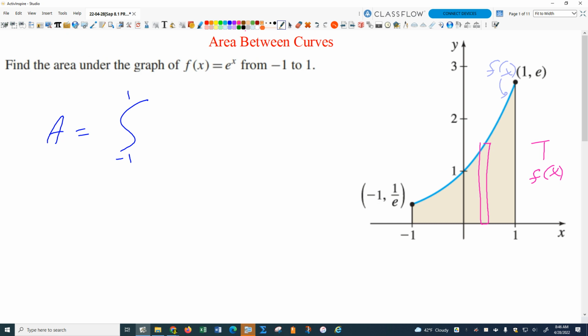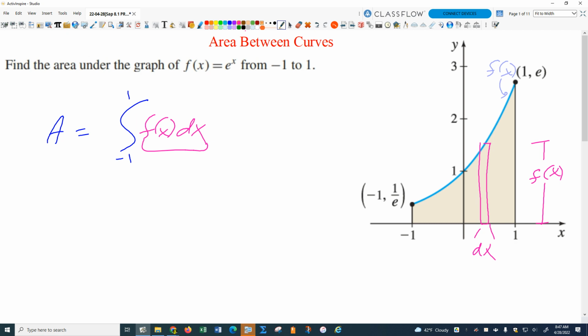The x values are going to vary from -1 to 1, and for each of those x values, there are an infinite number of rectangles we're adding up. The height is just f of x, and the width is just dx, right? So each of these little pieces, f of x dx, represents the area of an individual rectangle. Okay?